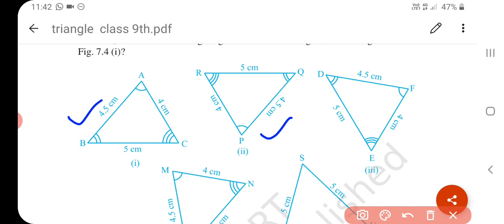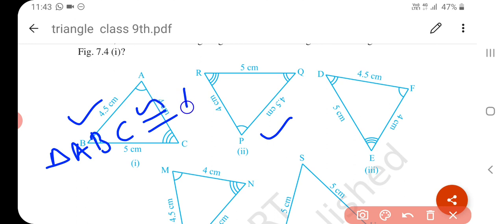Okay, now next, the order of the letters in the name of congruent triangles displays the corresponding relationship between the two triangles. Meaning, how do you represent that two triangles are congruent? So you can write triangle ABC is congruent to triangle PQR.